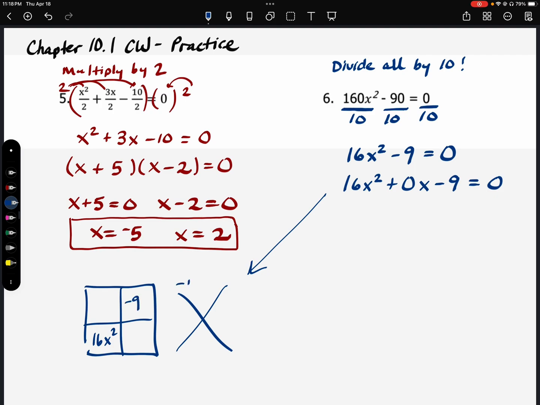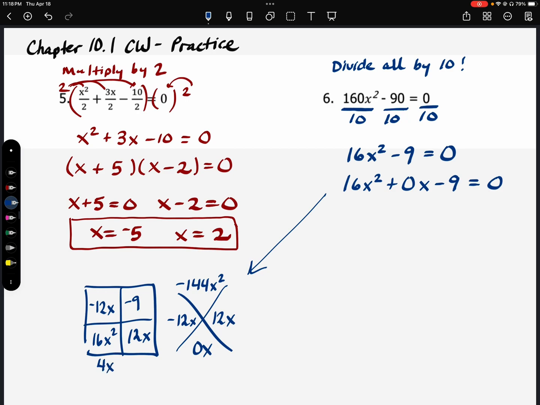When I multiply those together, I get negative 144x squared, and 0x. So the two numbers I need to multiply to give me a negative 144, and then add to give me 0. So we're looking at negative 12x and positive 12x. Let's throw those in over here.